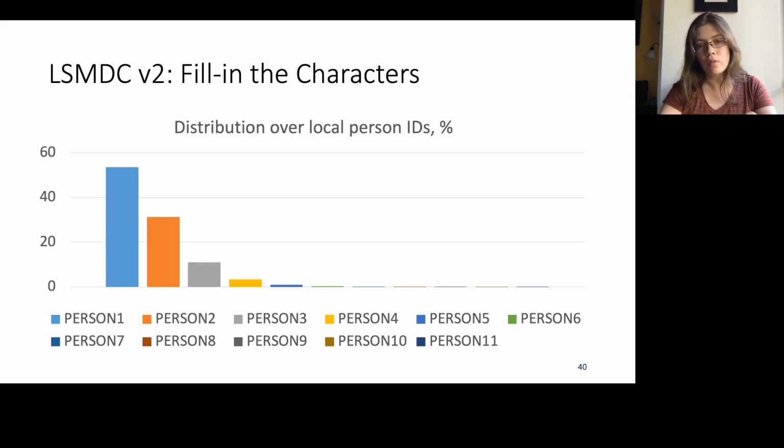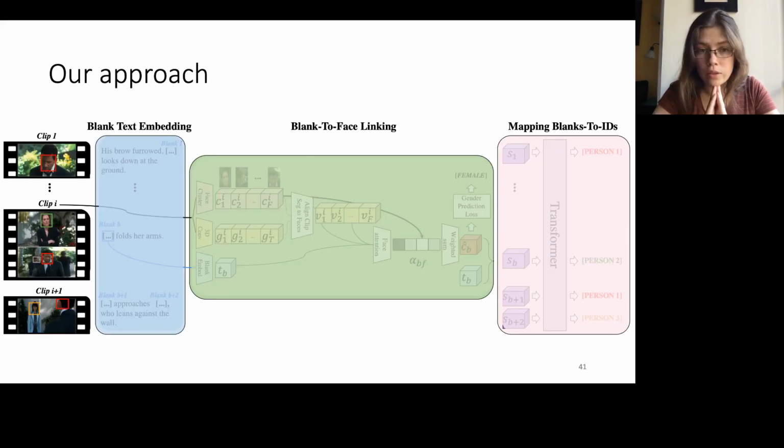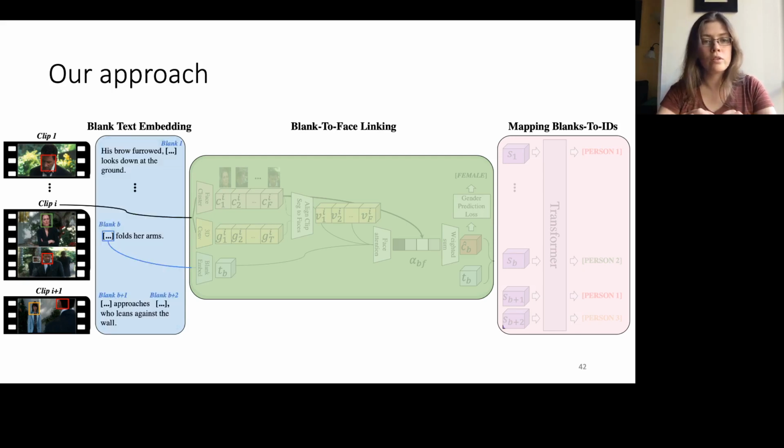So how do we address this task? On the left, I show a sequence of blanks which we want to ID. And our hypothesis here is that to really do this properly, to predict coherently the IDs for this entire set, we want to frame this as a sequence-to-sequence prediction problem.